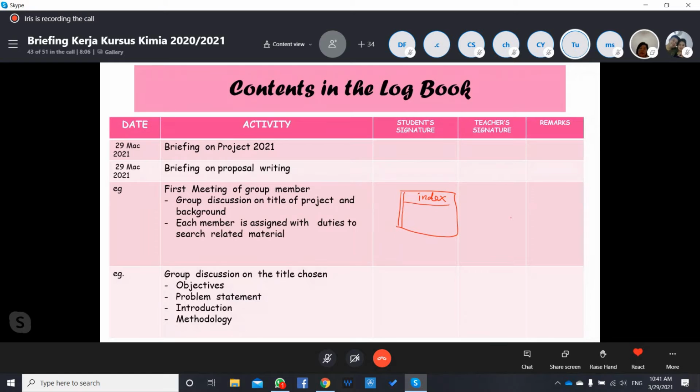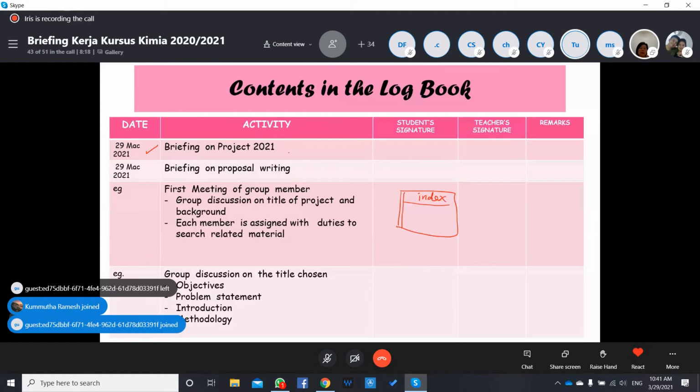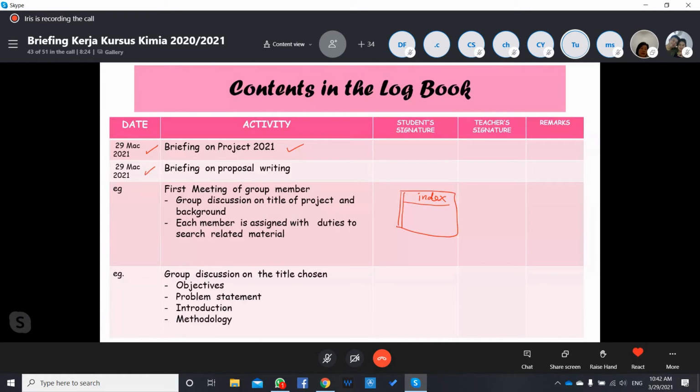So if you have the logbook now, you can start to jot down. For example, today is 29 March 2021. The activity that we are doing is a briefing on the project for 2021.